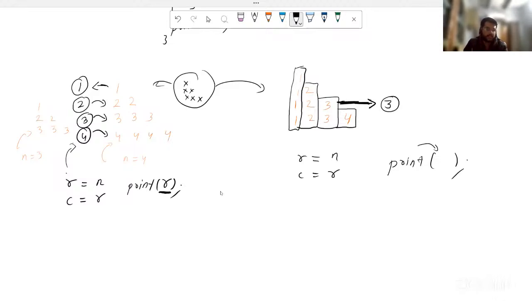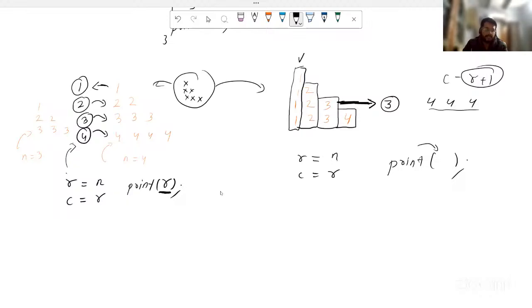Do you agree with me, Ankita? For this third row, for this entire row, the value of R will be fixed at 3. So 3 plus 1 will give you 4 at each stage. Correct? So what she's saying is she will print R plus 1. So if you print R plus 1, that's a problem, right?